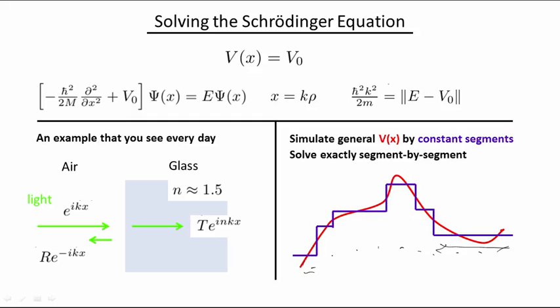This is something that's used in modeling semiconductor heterostructures and so on, or photonic band gap materials, which are well understood in terms of having techniques to propagate a wave function across a constant region, and then to stitch the transition matrix together to see what the net result is.